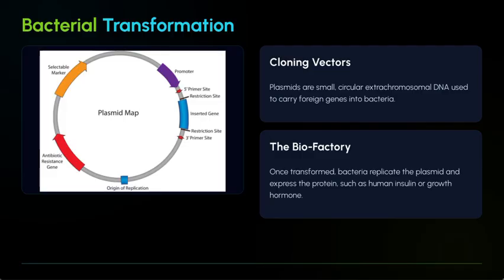As you can see, we have the plasmid map. We see the promoter, the 5' to 3' primer site. Then we have restriction sites, inserted genes, restriction site, 3' site, origin of replication, antibiotic resistance, and selectable markers. So that's the plasmid map.